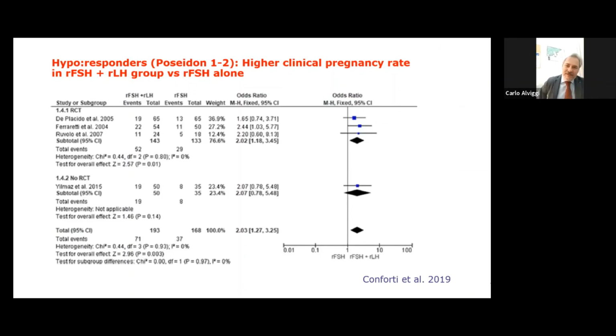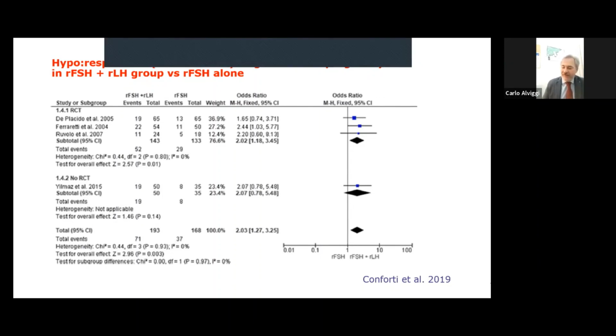This is a slide that summarizes a meta-analysis that we recently proposed. If you take Poseidon group 1, meaning a patient with apparently good ovarian reserve who had fewer oocytes, a lower response to monotherapy with FSH, if you add recombinant LH, they have better performance in terms of FORT and even in terms of clinical pregnancy rate.